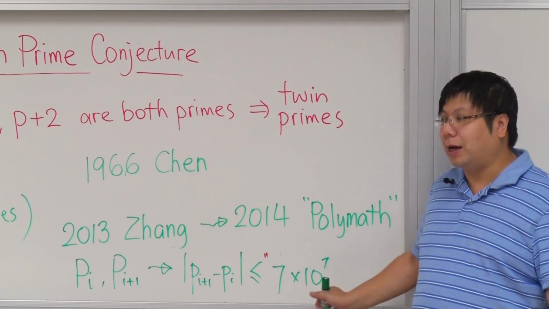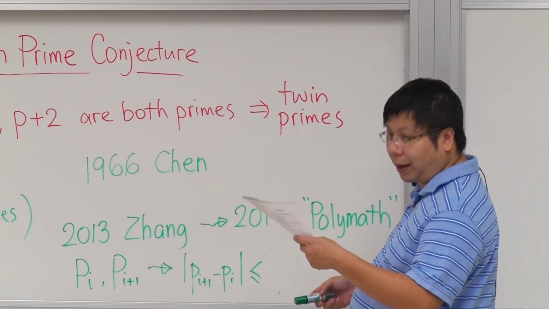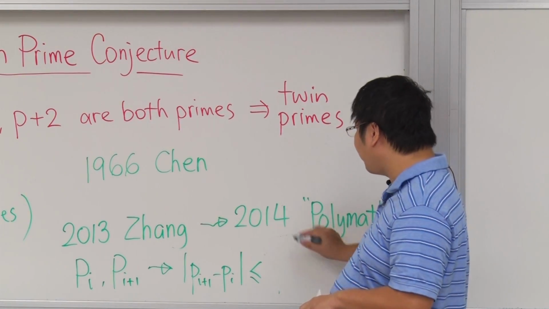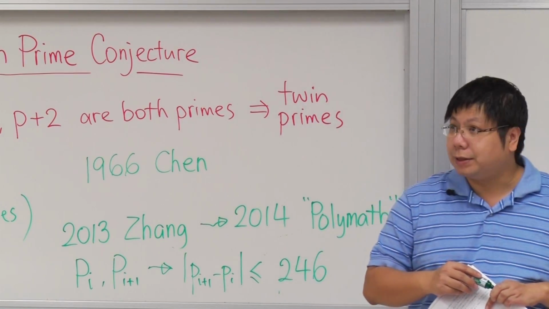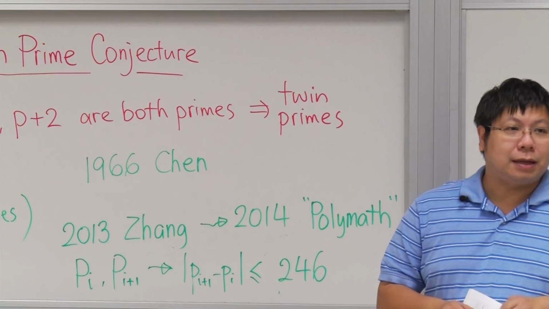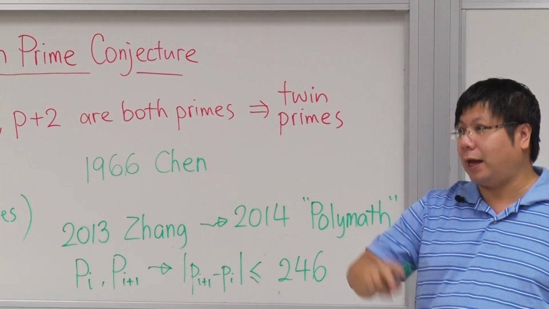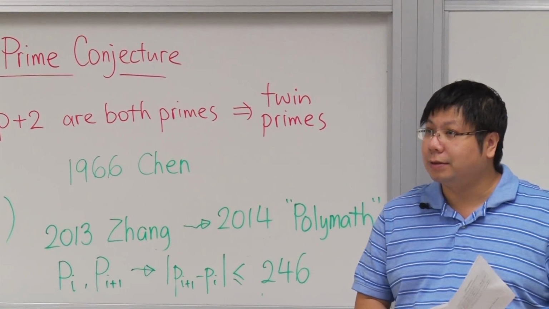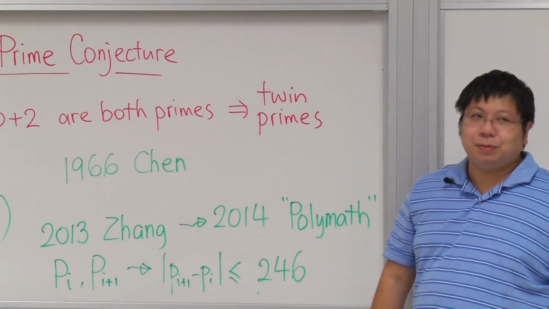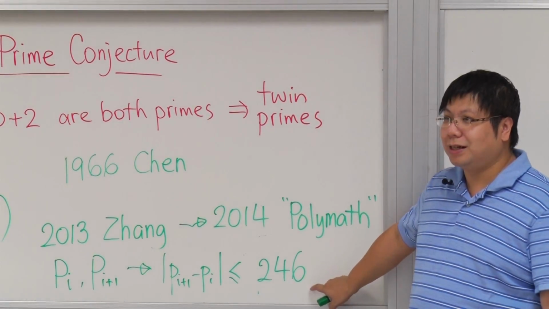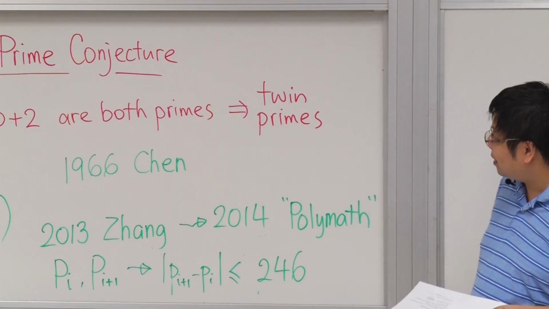The current best result, as far as I know, reduces the gap to a much smaller number, 246. That means there are infinitely many pairs of primes such that the gap is less than or equal to 246. But this is still not the ultimate goal; we want a 2 here. Still, it is a giant jump.